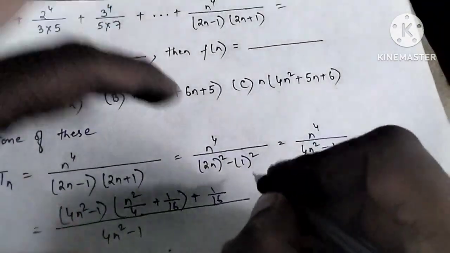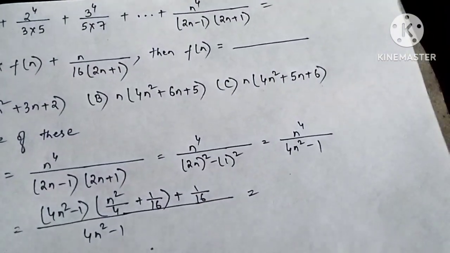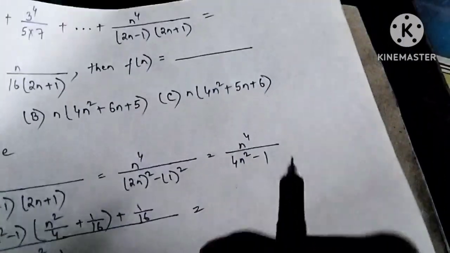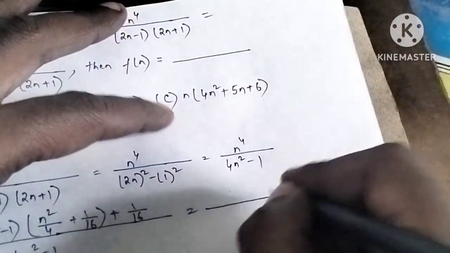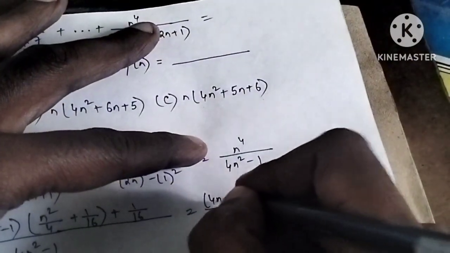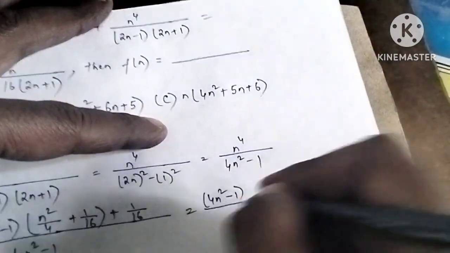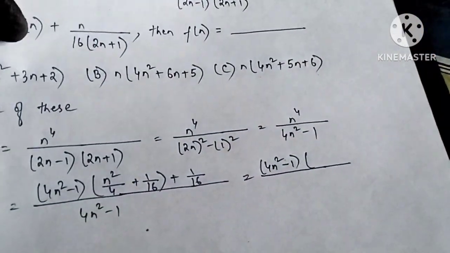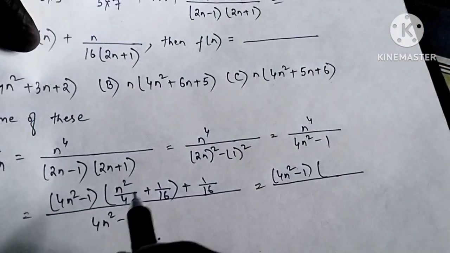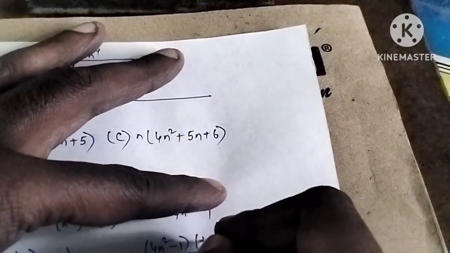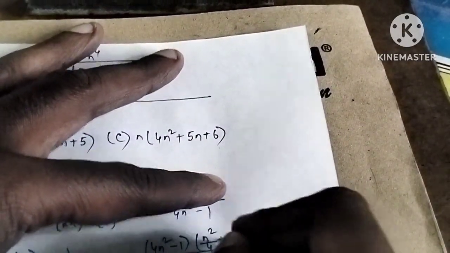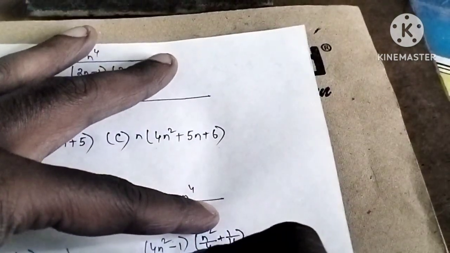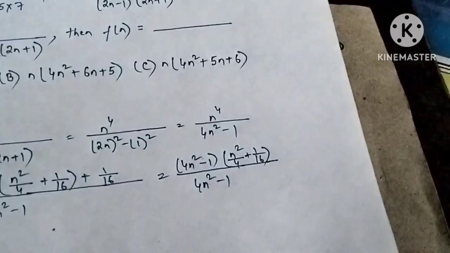So now if you divide, this will be 4n square minus 1 into n square by 4 plus 1 by 16, over 4n square minus 1.